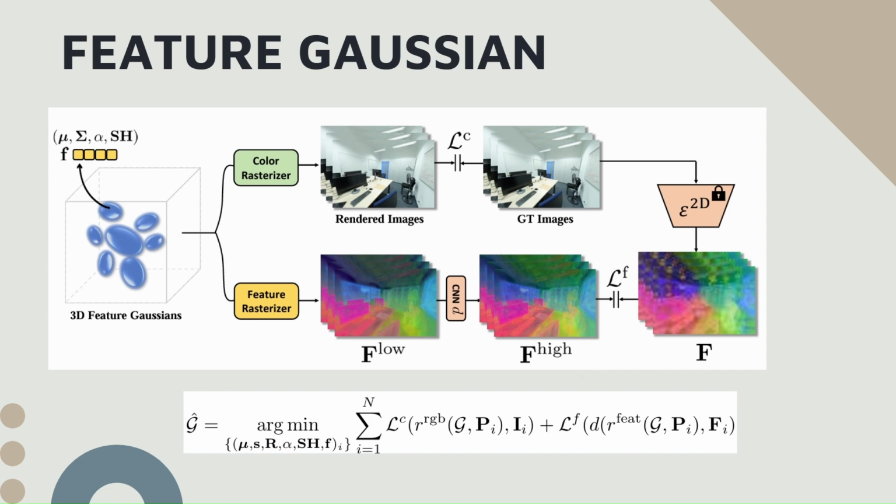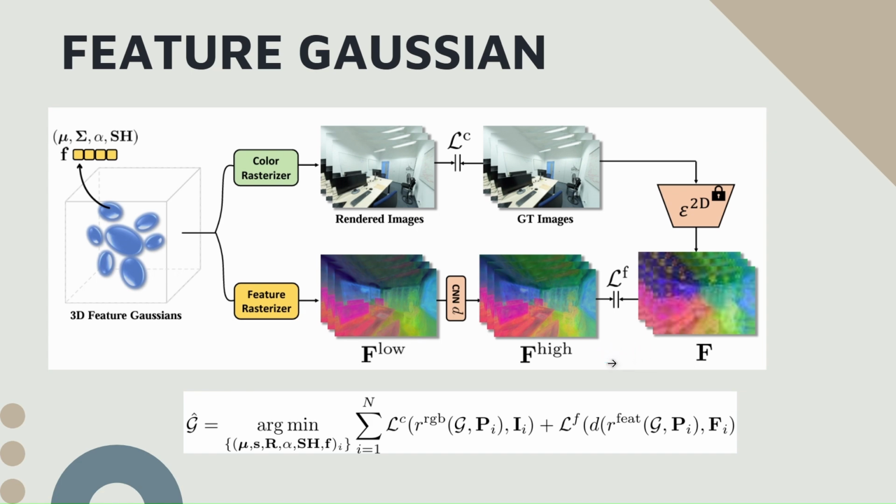Think of this decoder as akin to the bottleneck plus expansion steps in modern super-resolution or autoencoder architectures. The purpose of this branch is to force Gaussians to encode not just color but also semantic and geometric feature structures. By coupling these two strategies, we jointly learn Gaussians that are photometrically faithful and feature consistent across views.